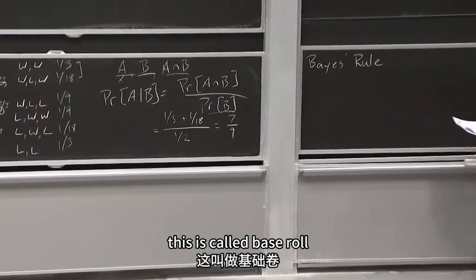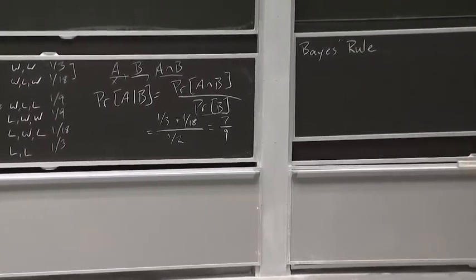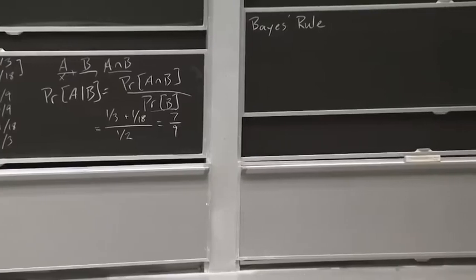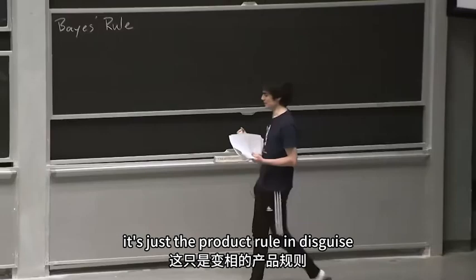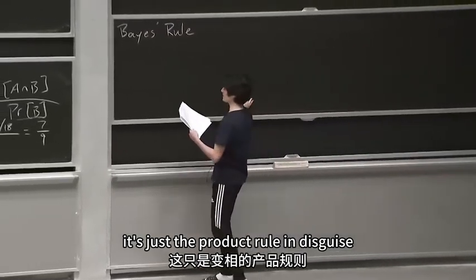Okay, this is called Bayes' rule. You can kind of think of it as the product rule in disguise.